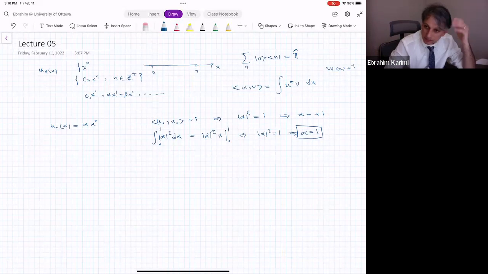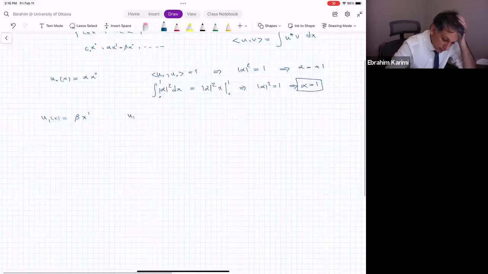What about the second one? The natural way of thinking, we say that u_1(x) should be equal to beta x to the power of 1. What are the properties of this function then? <u_1|u_0> should be equal to 0, and we assume that <u_1|u_1> should be equal to 1.